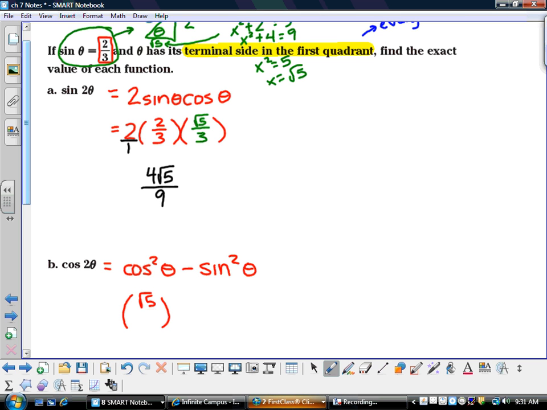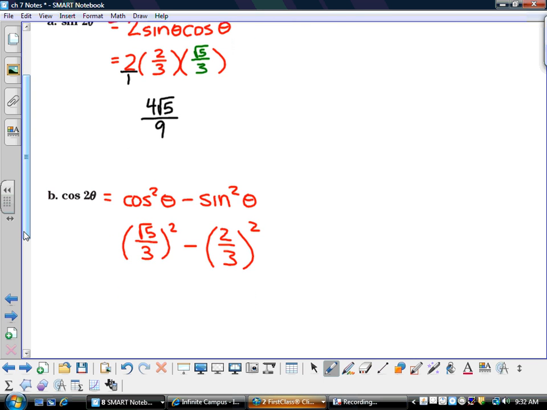Cosine is the square root of 5/3, so I'm going to square that, minus sine was 2/3, I'm going to square that. So that's 5/9 minus 4/9, which is 1/9.